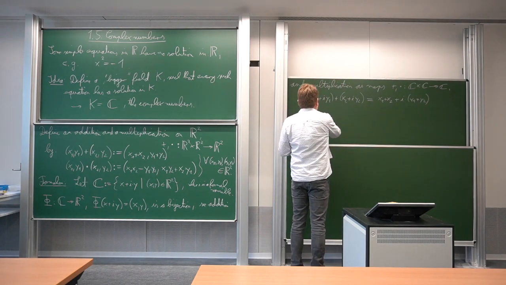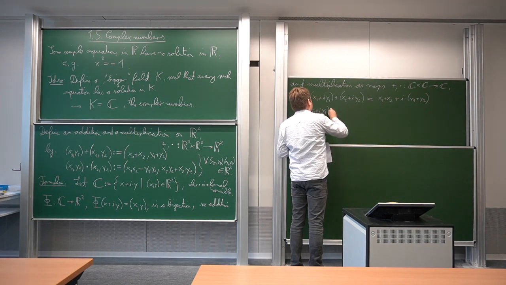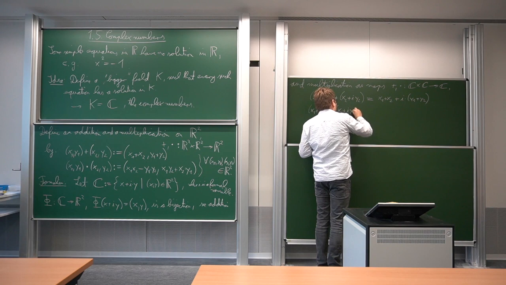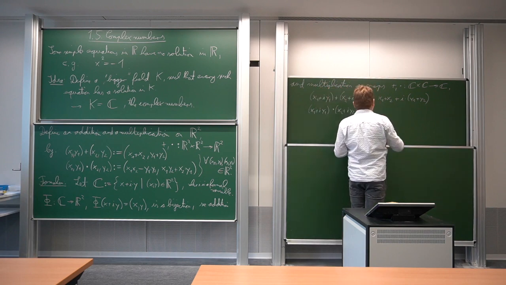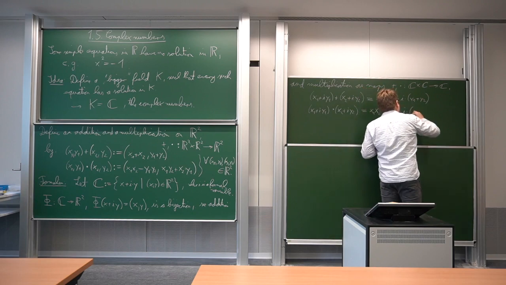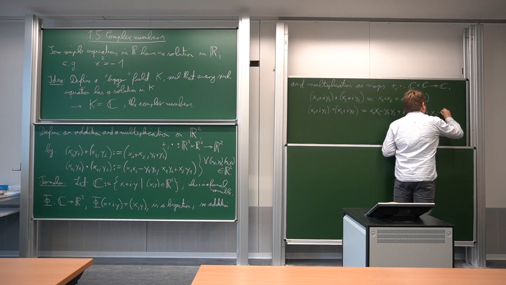And the multiplication looks a bit different: x1 plus I y1 times x2 plus I y2 is given as x1 x2 minus y1 y2 plus I times x1 y2 plus x2 y1.